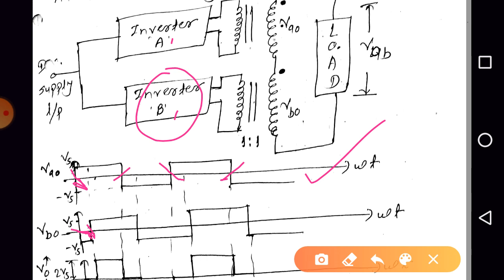Next, at this instant we turn on switches S1 S2. Again at this instant we turn off S1 S2 and turn on S3 S4. When S3 S4 are on, we get a negative voltage at the output. Again S3 S4 are turned off and S1 S2 turned on. Again at this instant S1 S2 are turned off and S3 S4 turned on.